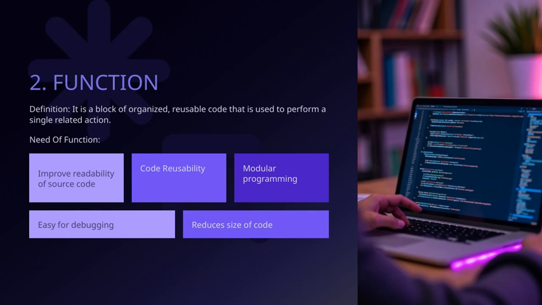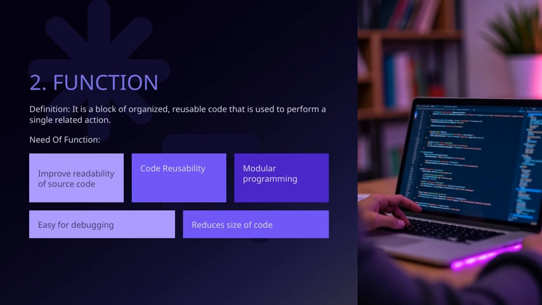Another key benefit is code reusability. Once you've written a function, you can use it in multiple places without rewriting the same logic. This also makes debugging much easier because if something goes wrong, you can focus on that specific function instead of the entire program. Functions also reduce the overall size of your code, which is great for maintaining and updating your projects.